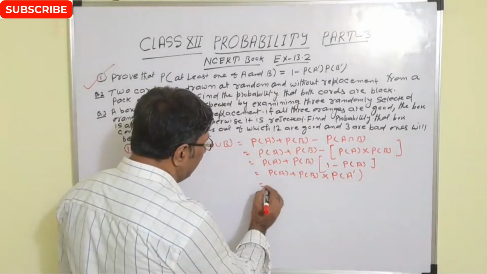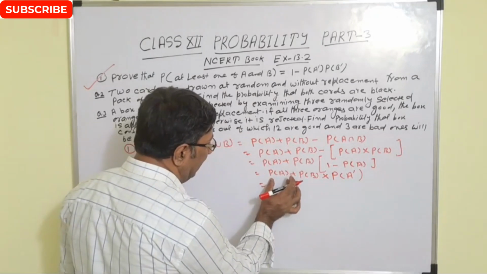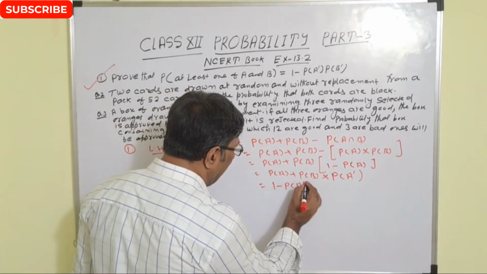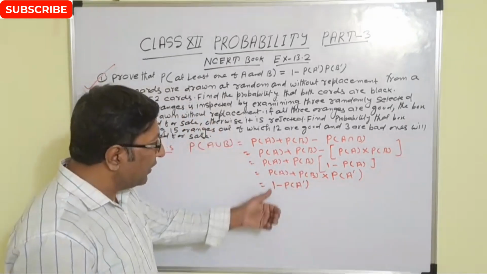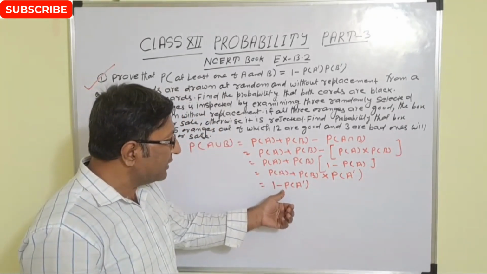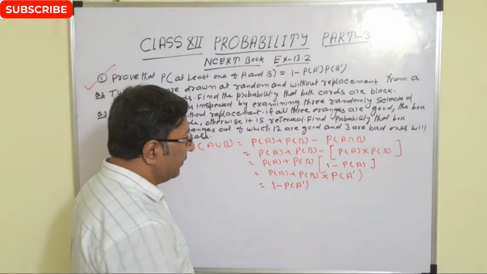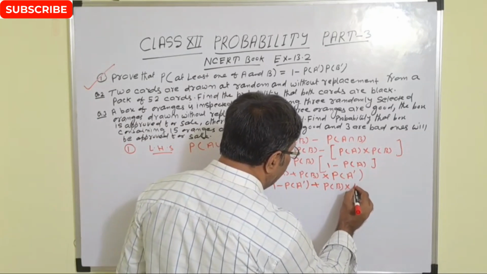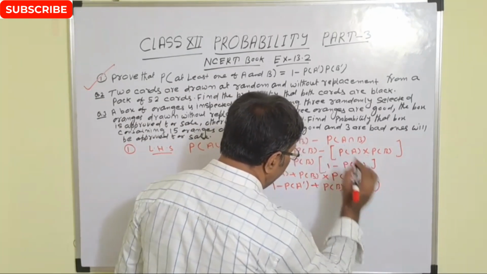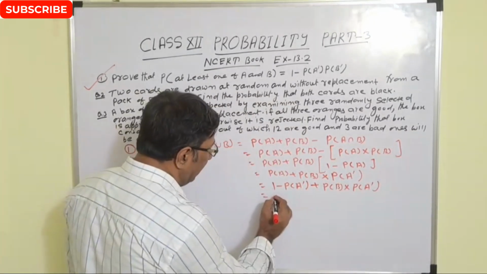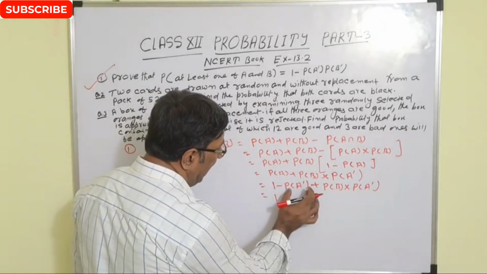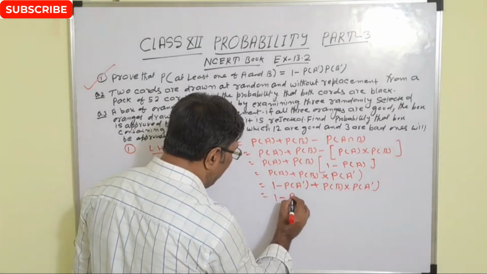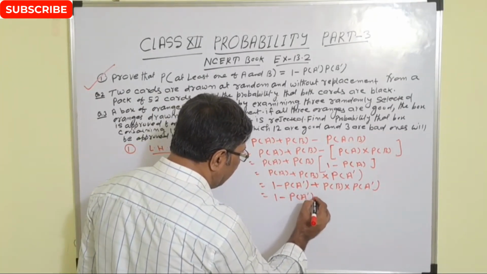Now you know this is probability of A, so we can write 1 minus probability of A naught, plus probability of B multiply probability of A naught, A dash. Now you see 1 is 1. Here probability of A naught, here also we can take common.